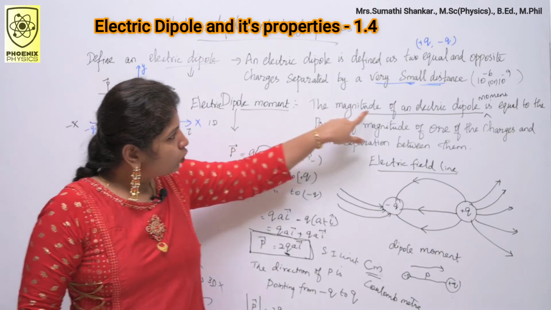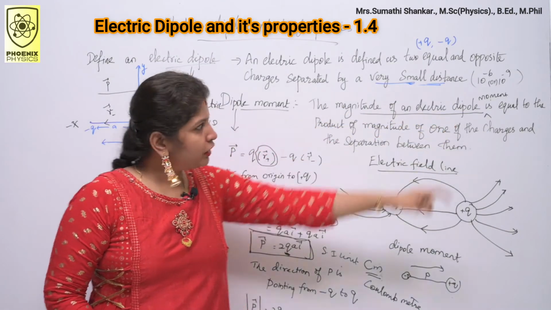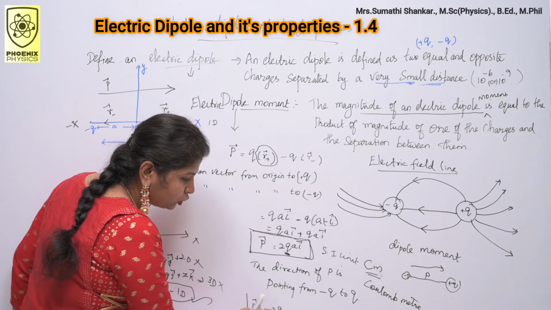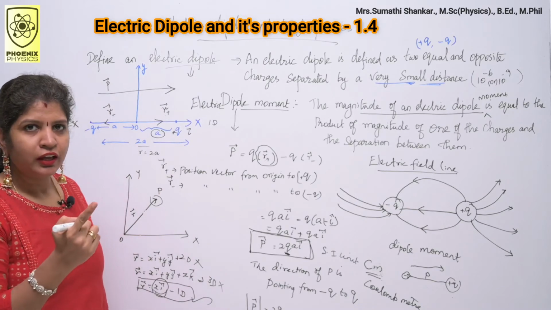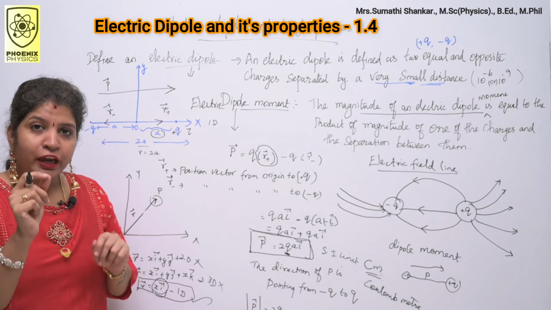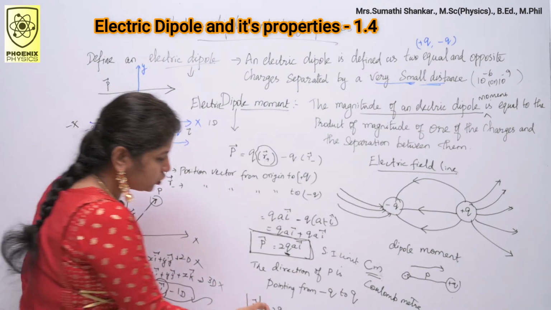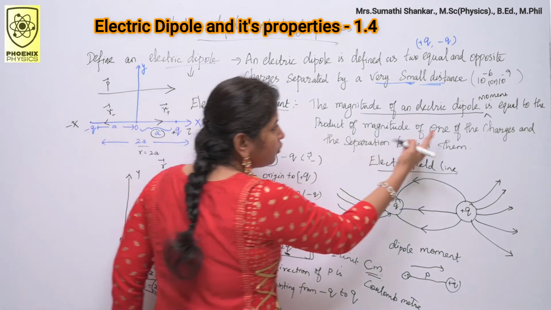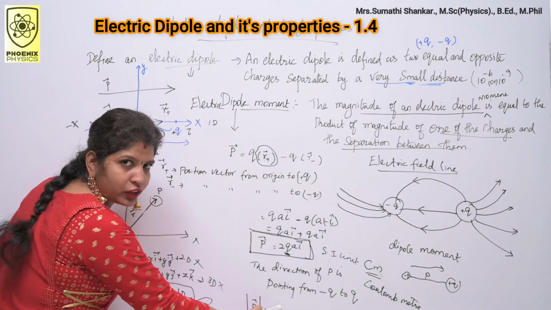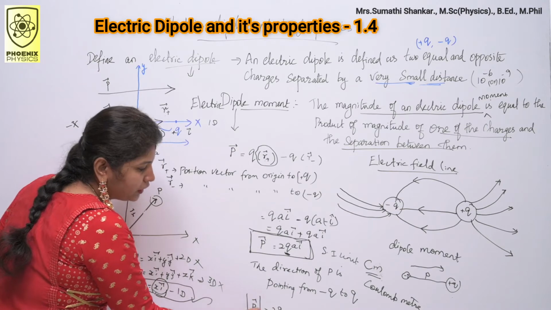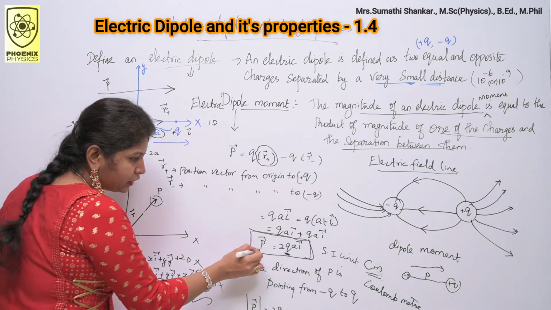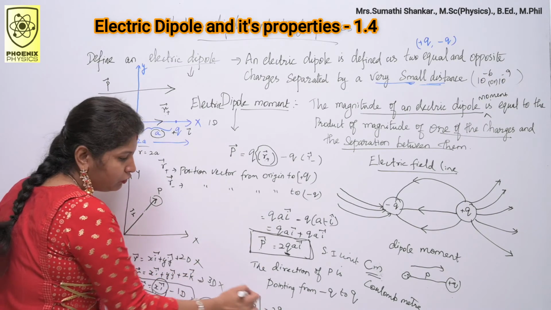The magnitude of an electric dipole moment is equal to the product of magnitude of any one of the charges. Here I have two charges, minus Q and plus Q. We are taking the magnitude of any one of the charges, so Q, and the separation between them. Separation is A. So modulus of P can be written as 2QA. This is for P vector formula. This is modulus of P formula.